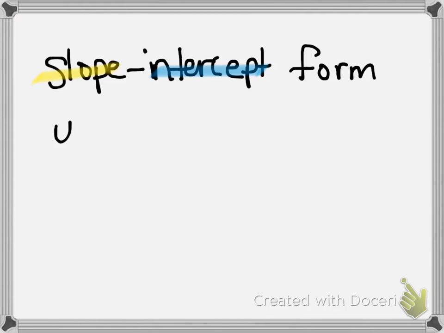It's in the format y equals mx plus b, where your b is your intercept, and we haven't covered that yet, and the m is your slope. Remember, I told you that we usually refer to slope as m.